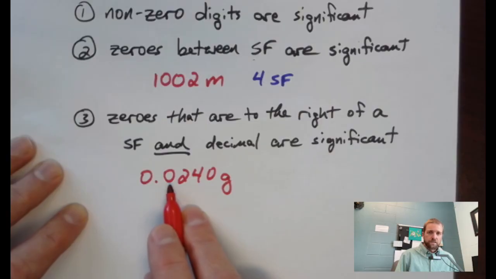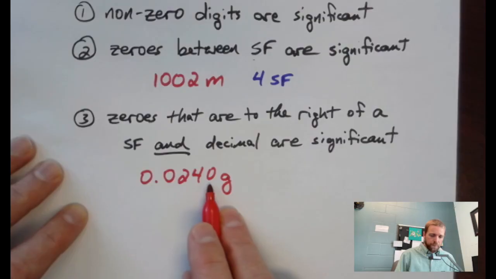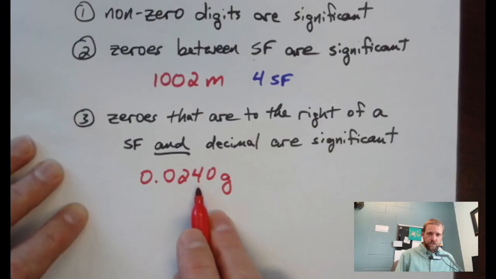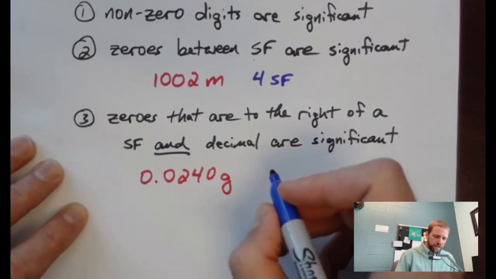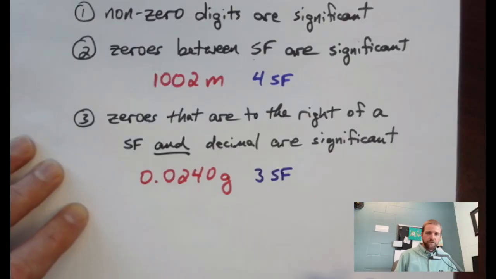So it is not significant. This 0 is to the right of the decimal, and it's to the right of significant figures. So it is significant. So this has 3 significant figures.